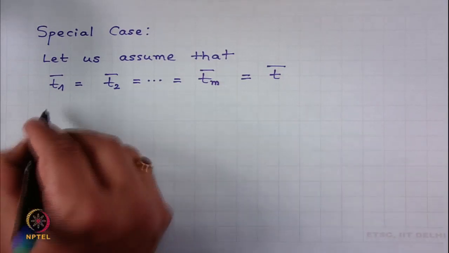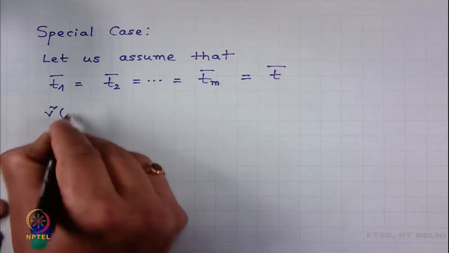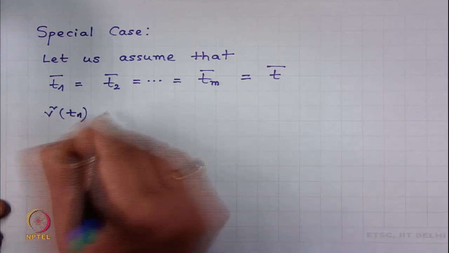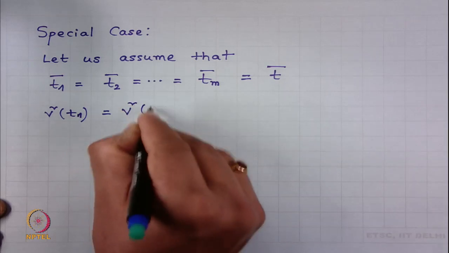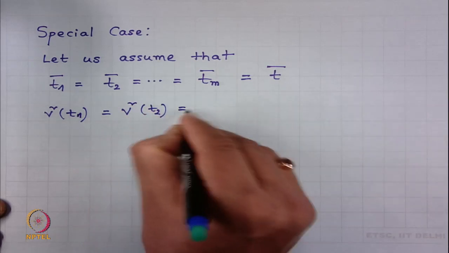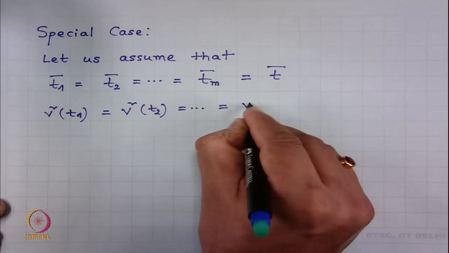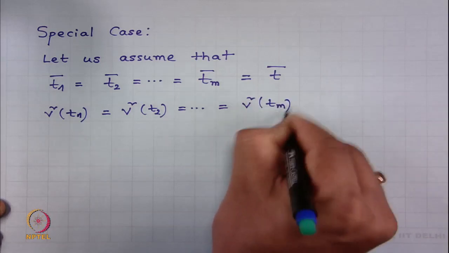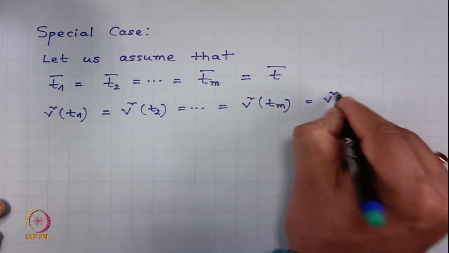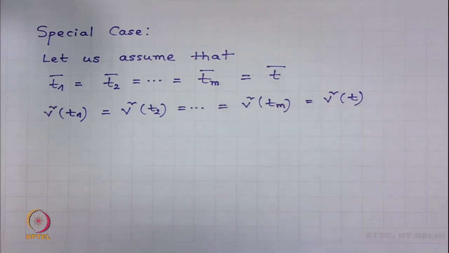Then their CV will also be same. So, they become constant, right.